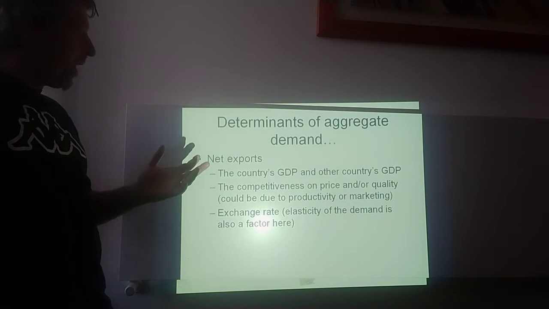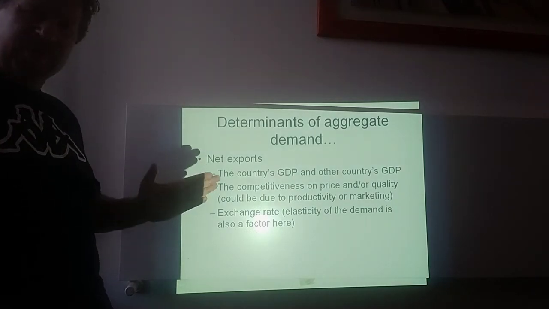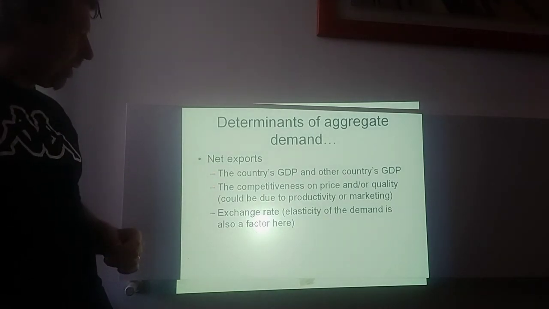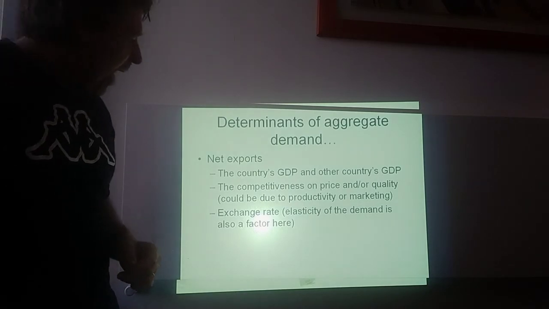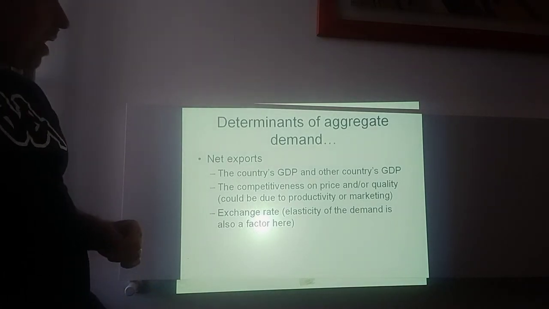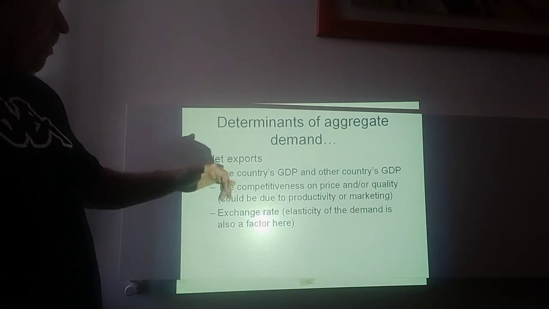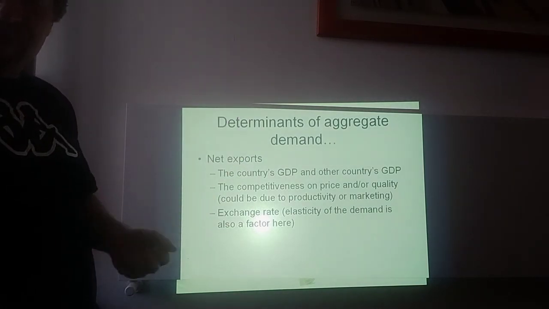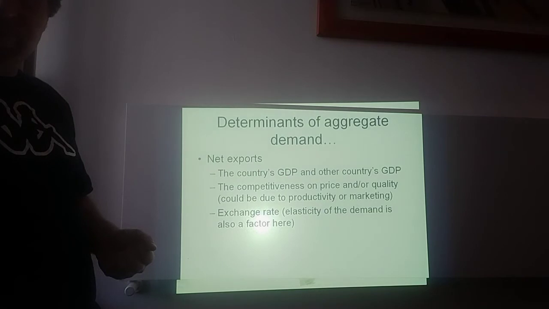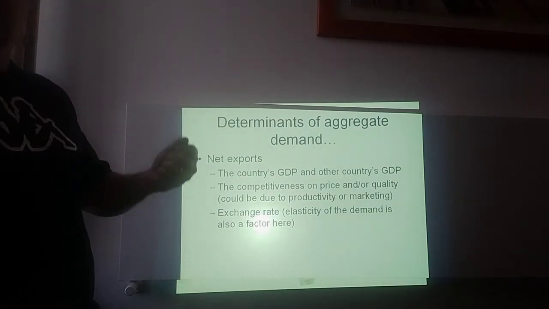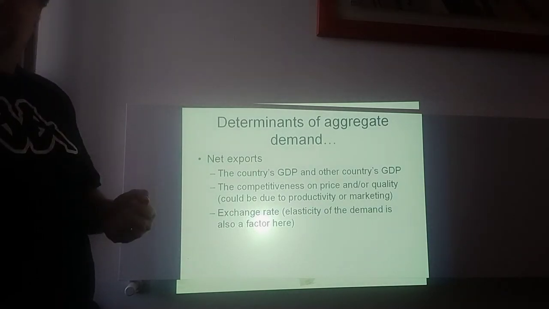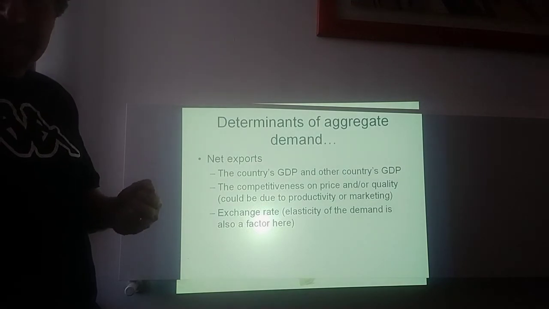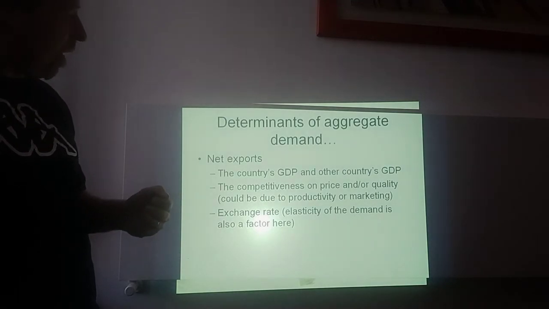Okay, so we've got those influences, but then we've got the net exports, the exports minus imports. Here we can think about other countries' GDP. If America's getting much richer, maybe they're demanding more holidays in Italy, so aggregate demand will go up in that case.